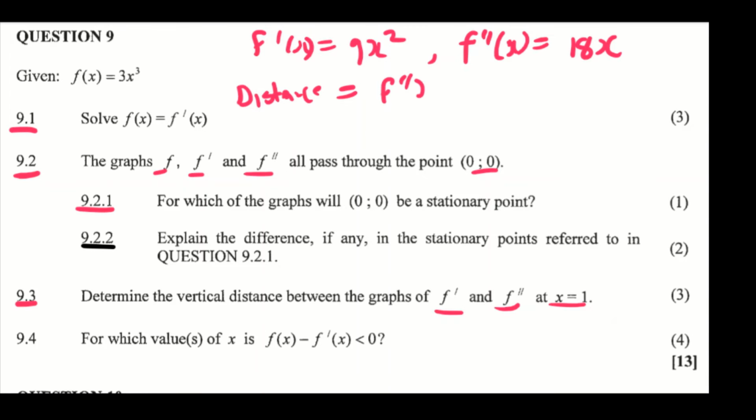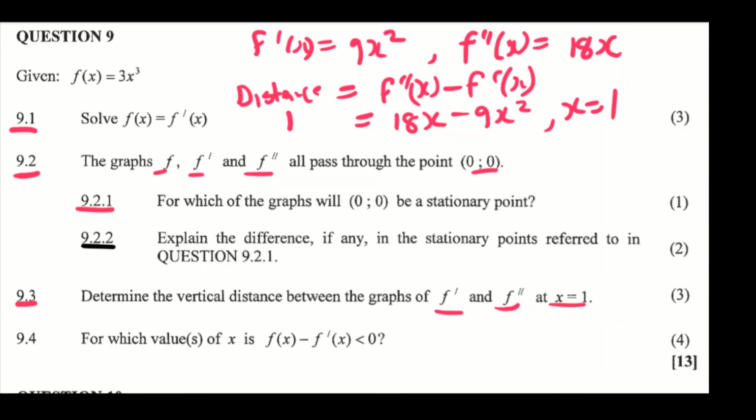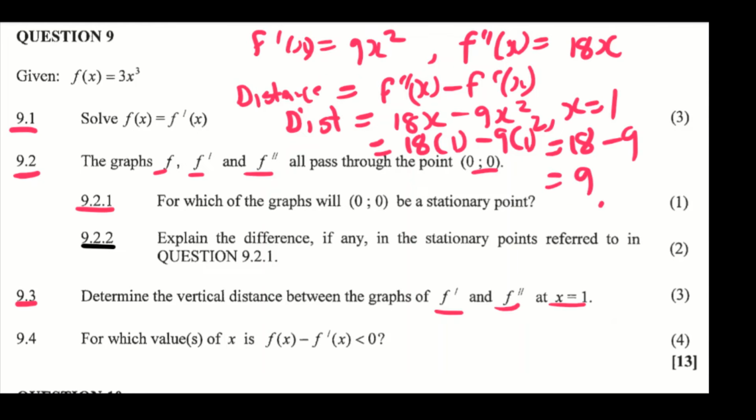So it's f prime prime minus f prime, right? So it's 18x minus 9x squared, of which x equals 1. So the distance is 18 times 1 minus 9 times 1 squared. So it's 18 minus 9, which equals 9. So that is the distance, d.